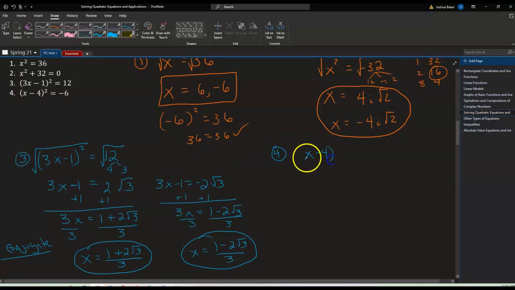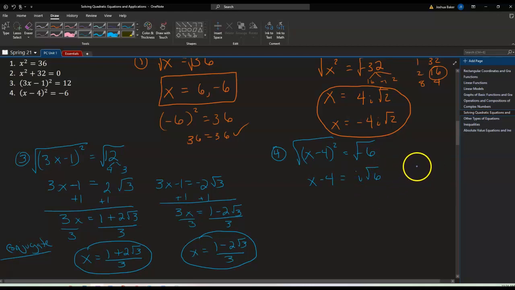So on number 4, I've got something squared equal to a value. This time it's equal to a negative value. When I simplify this, it's going to be i rad 6.